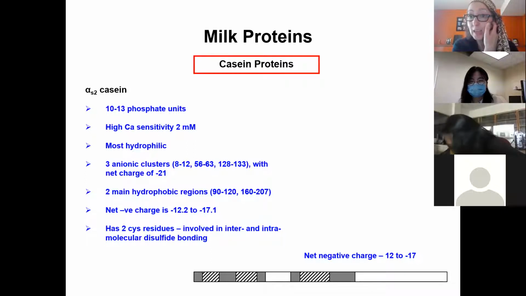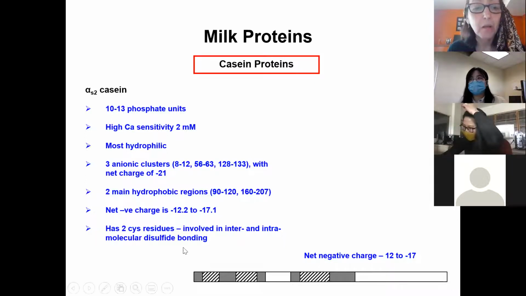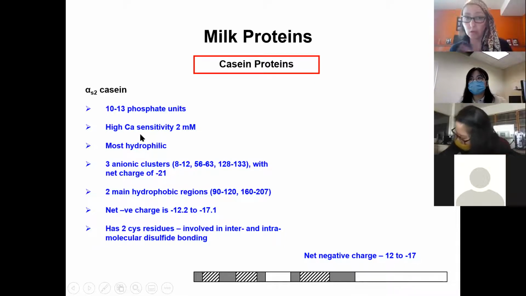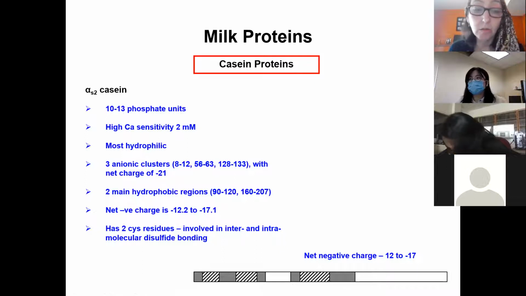So if we get any free sulfhydryl group close by, they can cause disulfide interchange. So that is unique about alpha S2. Alpha S1 and beta casein don't have cysteine residues.